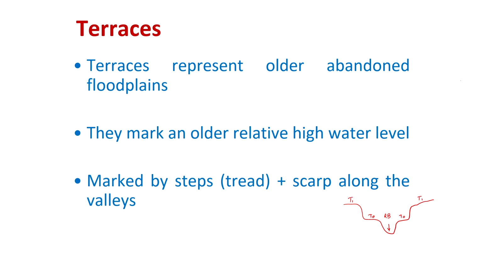So let's see some examples of terraces. Keep in mind what we discussed in the previous lecture about the longitudinal profiles: if this area is getting uplifted because of faulting, then this area will be eroded over time.